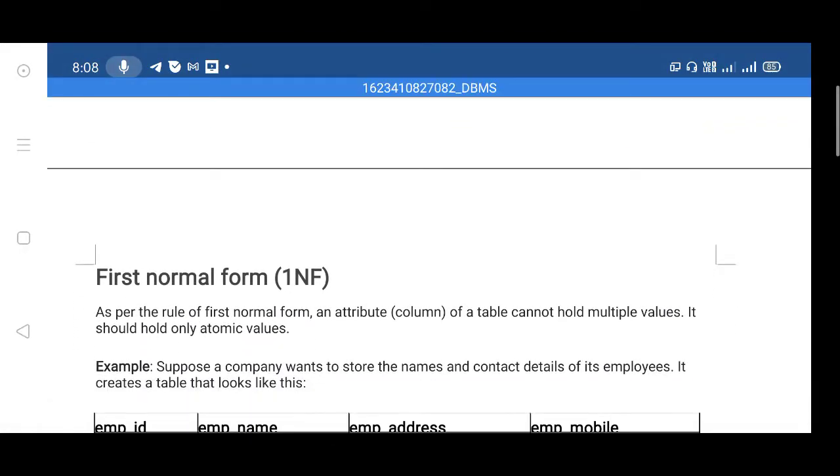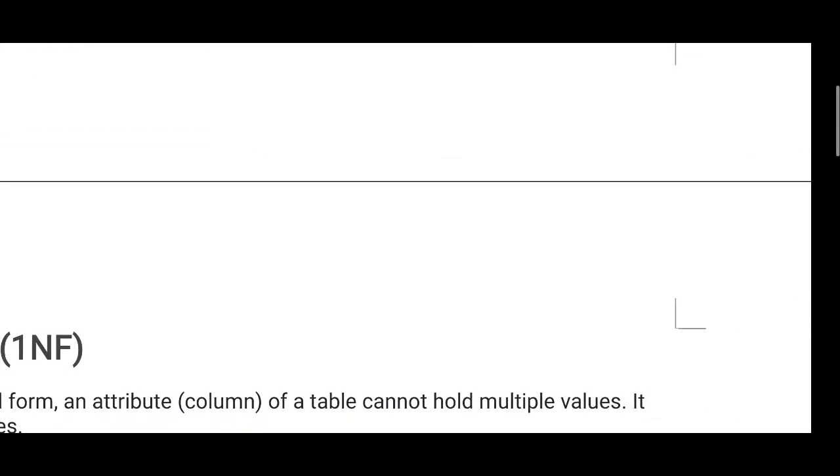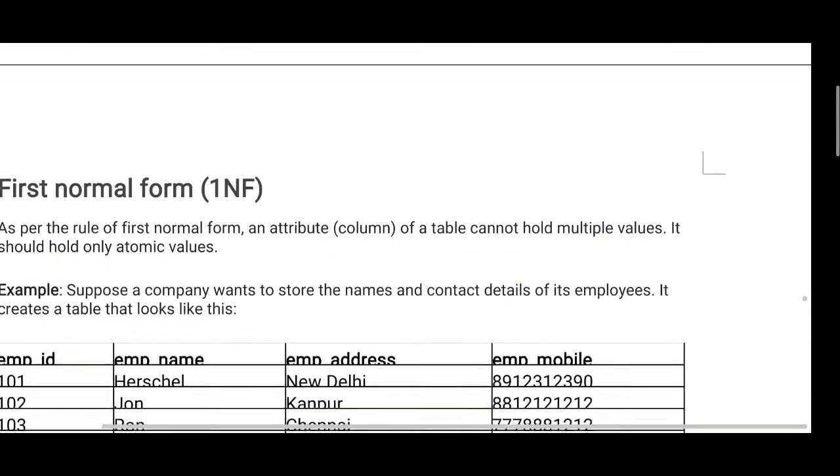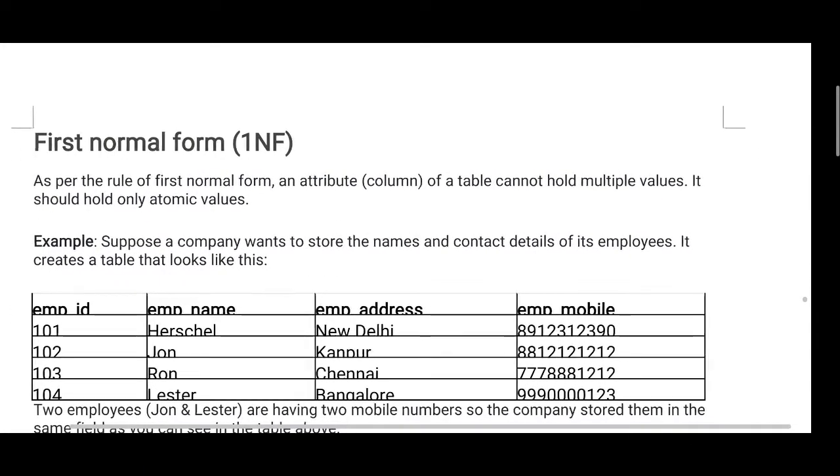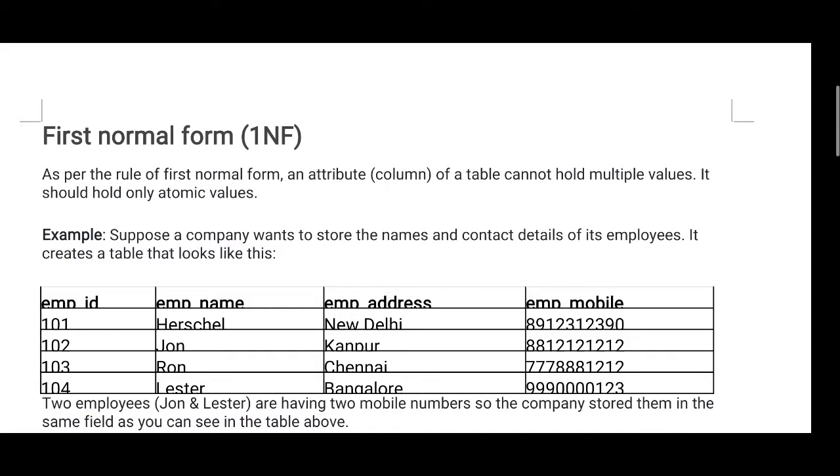Here, first NF, first normal form. As per the rule of the first normal form, an attribute of a table cannot hold multi-values.